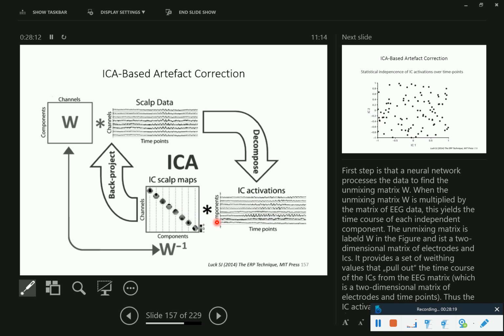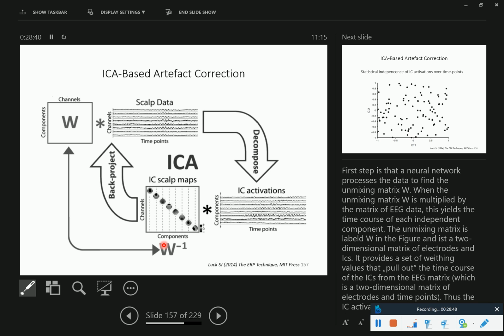Then what happens is that you actually select independent components, and you decide to throw out certain ones. Usually people are a little bit confused when they do an ICA analysis with some software, that they don't get 64 independent components back, but usually if they have 64 electrodes, they only get 10 or so independent components.